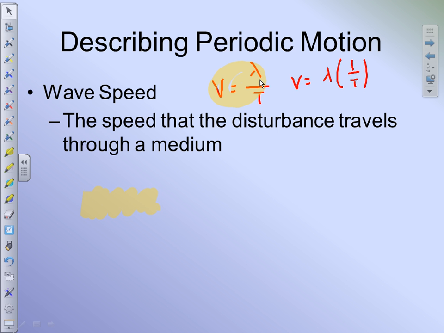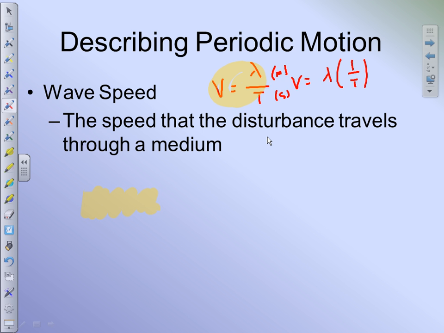What do we measure lengths in? Meters. And period we would measure in seconds. So we end up with meters over seconds, which is a unit for speed: distance over time.